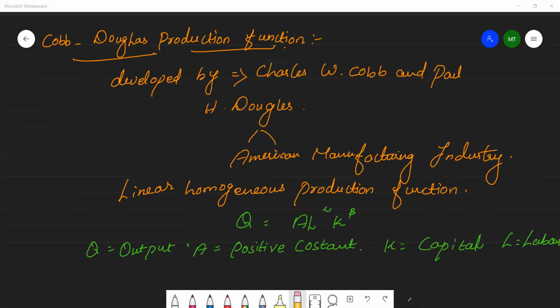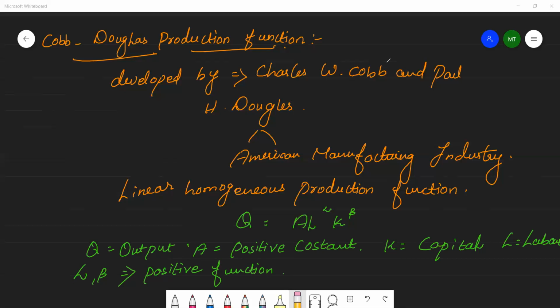Alpha and beta are positive constants, the elasticity coefficients of output for inputs labor and capital respectively. So beta is equal to 1 minus alpha.